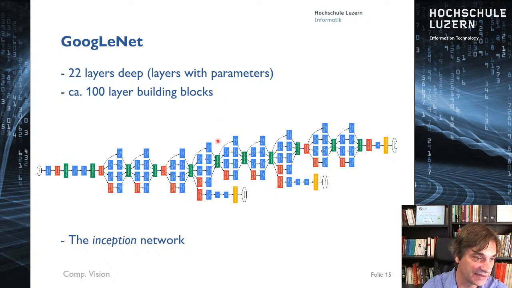Since they didn't use that at that time, they did the training in stages. So they trained all of this here first, you see, with some fully connected layers here, and then they have a reduced network that is already able to do some classification, but not good enough yet.